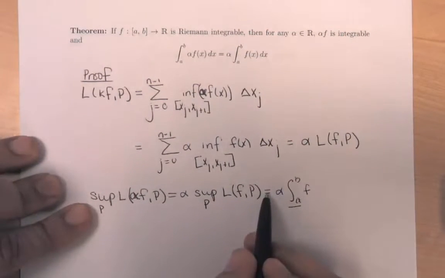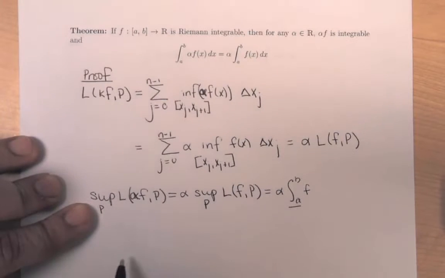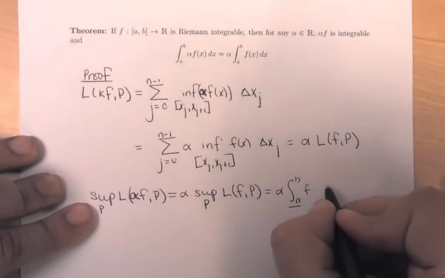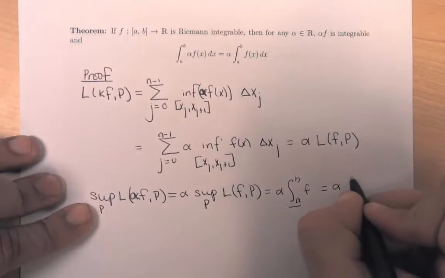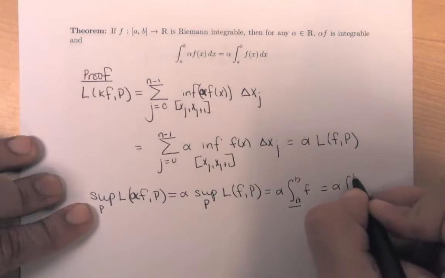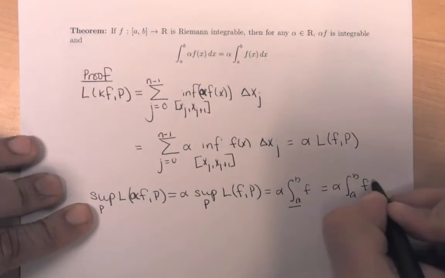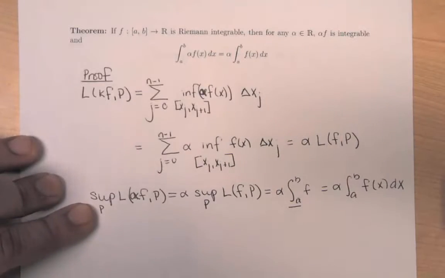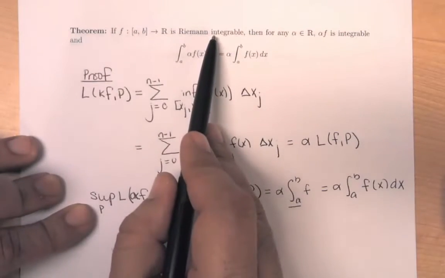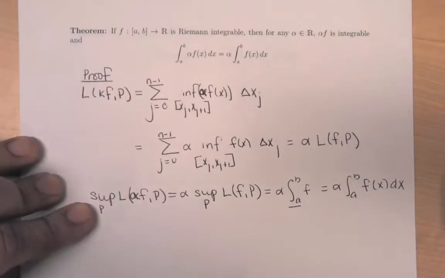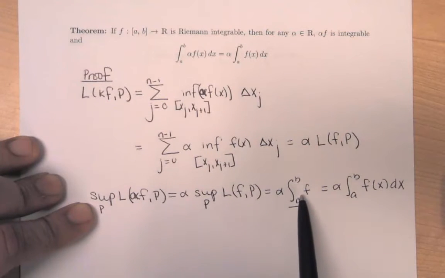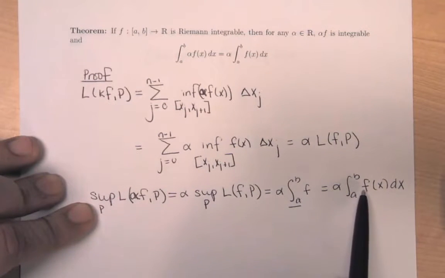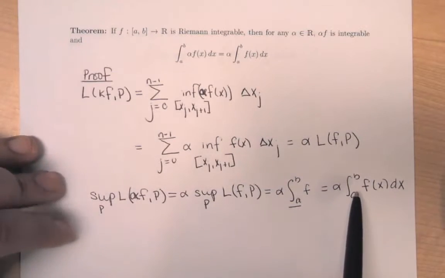So this equality follows just by definition. This is the definition of the lower integral. And the lower integral just equals the integral. I know it equals the integral because f is Riemann integrable, and the definition of Riemann integrable is that the lower integral equals the upper integral, which equals the integral.